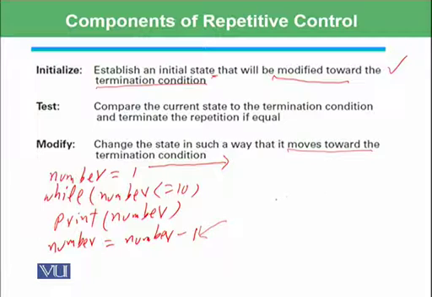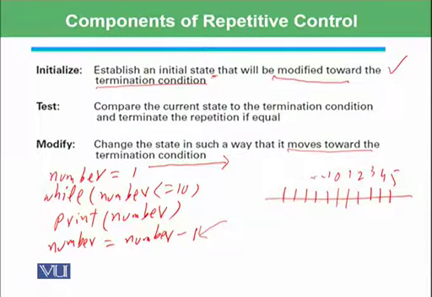So if you form a number line, here we have 0, 1, 2, 3, 4, 5 and so on, and here we have negative values, minus 1, minus 2, minus 3, minus 4 and so on.